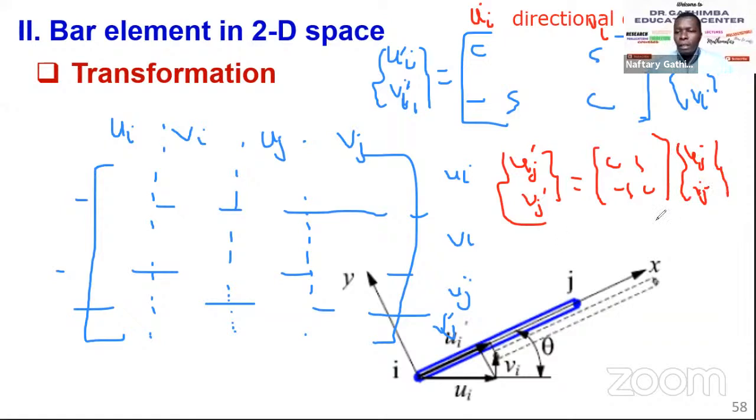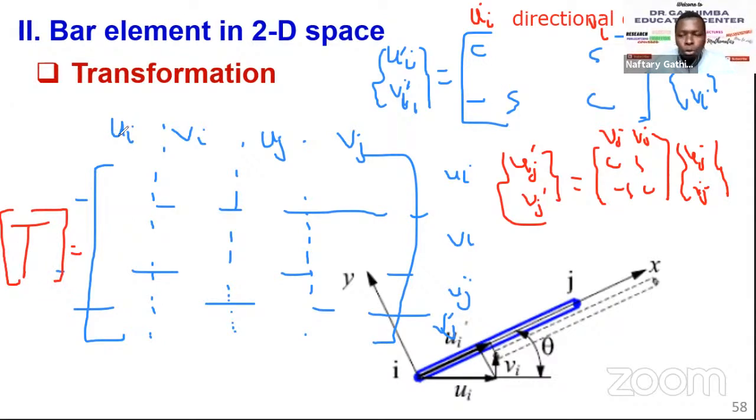Okay. And then this will be UJ, VJ. So to fill these cells for the overall, for one element, we want to get the transformation matrix for a whole element, for a two node element, bar element.